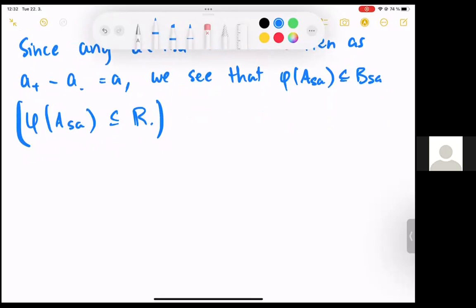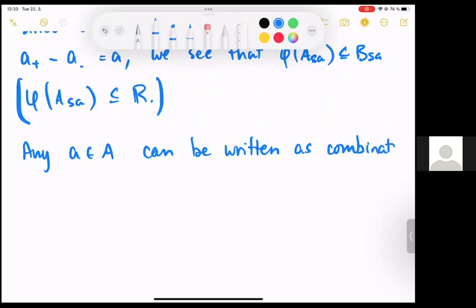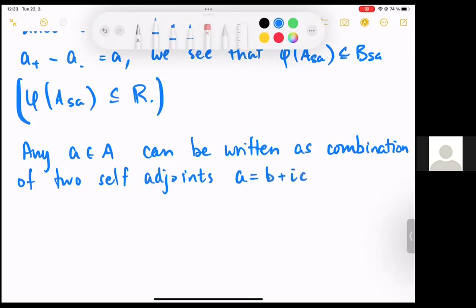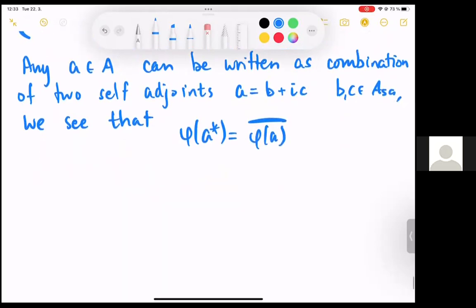And similarly, since we can always write any element as a linear combination of two self-adjoints, and phi is linear, we get that phi of the star of an element just gives you the complex conjugate.